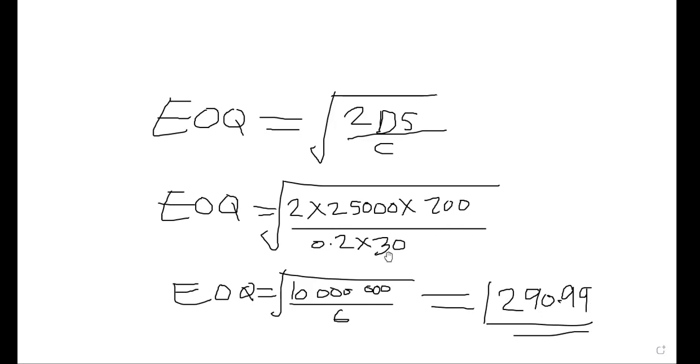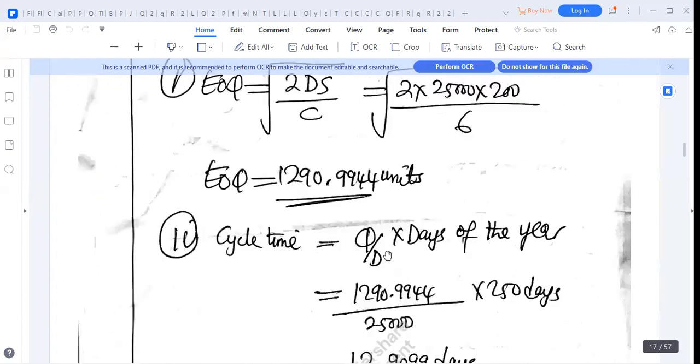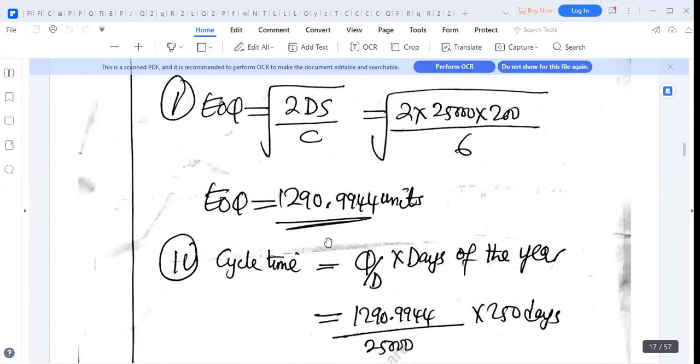When you get the first answer wrong, it means you have missed everything, because the other formula is the EOQ. This is our Q, and this Q applies almost everywhere. It's a quantity, that's the EOQ. So when this is wrong, it will affect almost every other question coming through.